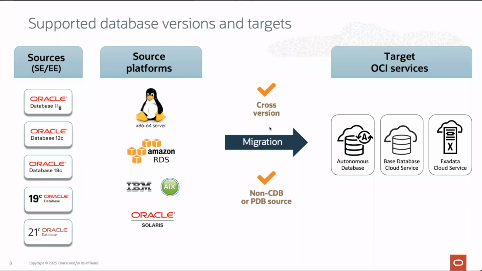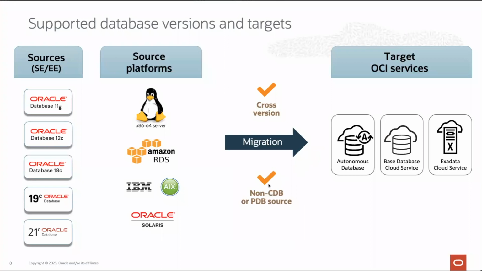And because we already know that DMS is always using a logical migration, and for that we extract the data and we load the data into the target system, of course, we can go cross-version. So our source database can be a 12C database, and we can use DMS to migrate the data into a 19C database, for example.